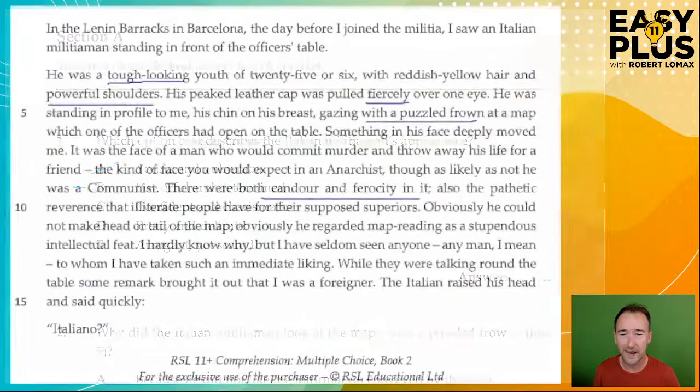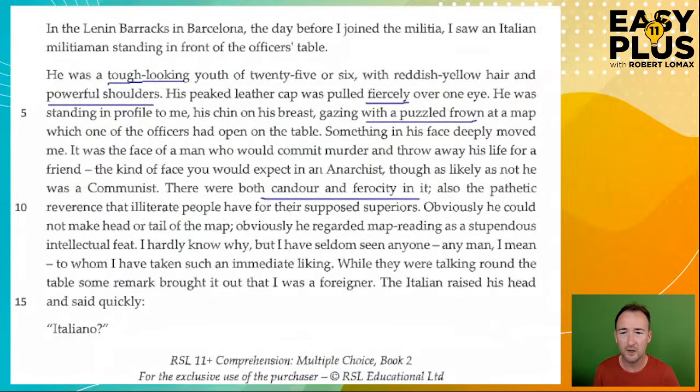Confident and charismatic. Well, you might not be sure about charismatic, but is he confident? Well, he's standing there, gazing with a puzzled frown at the map. And he seems to have, if you understand what this is about, a sort of pathetic reverence for the people in front of him. So how much confidence do we really see here? Doesn't seem quite right.